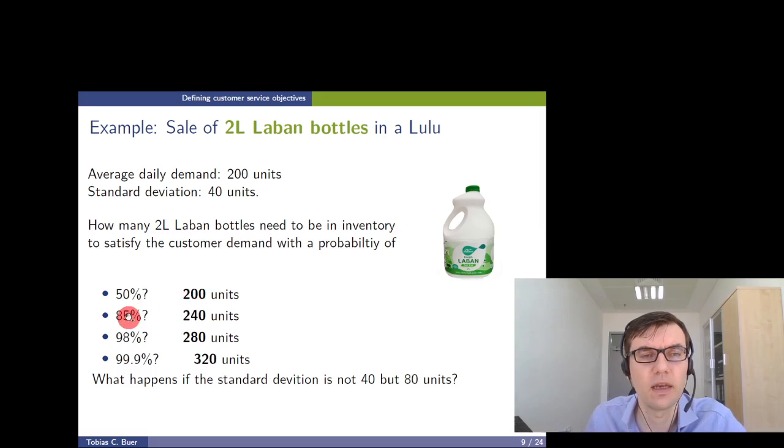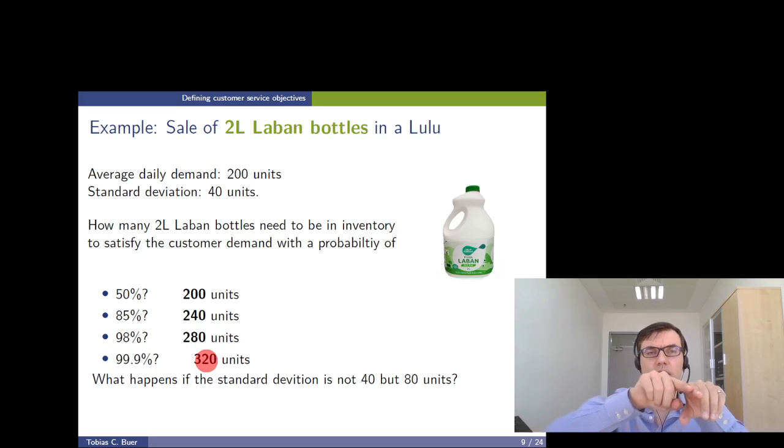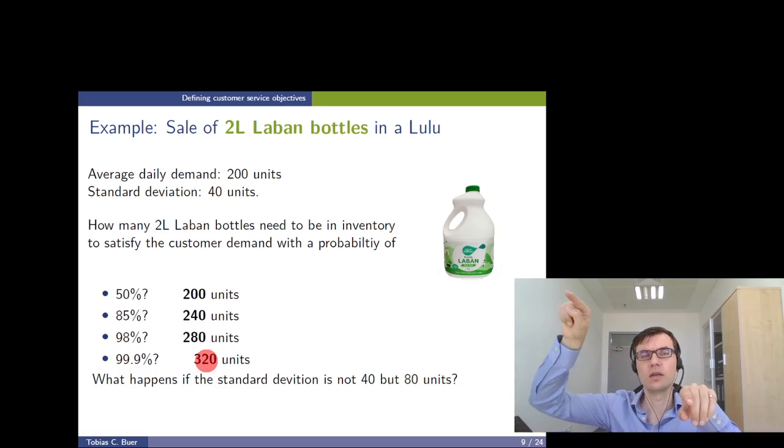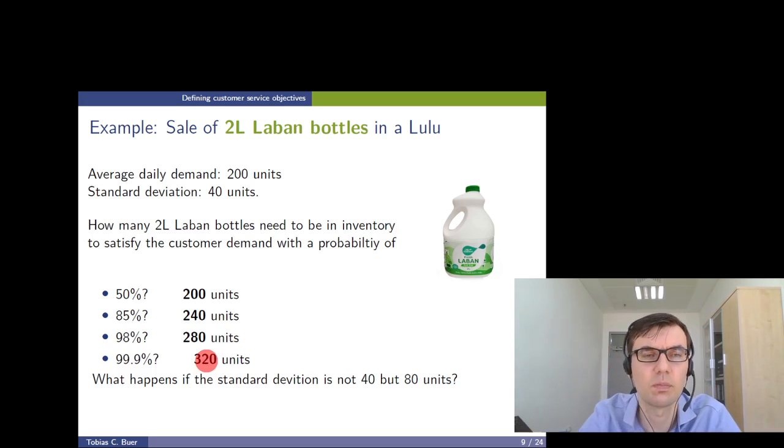But then going from 85 to 98, we need again 40 bottles more, and going from 98 to 99.9, we need again 40 bottles more. So you see this relationship between the service level and the cost, how it increases exponentially.